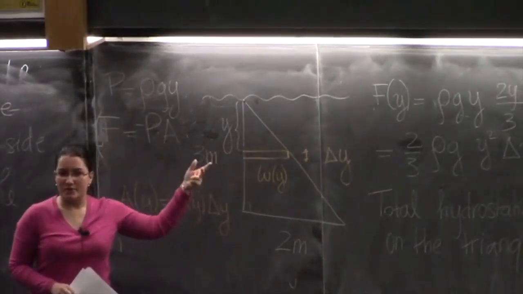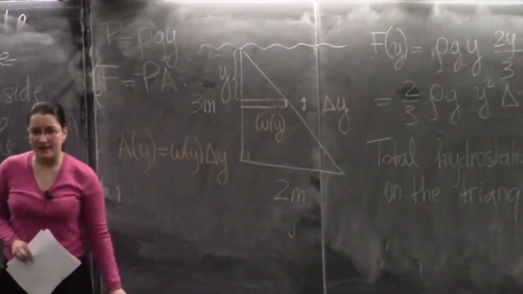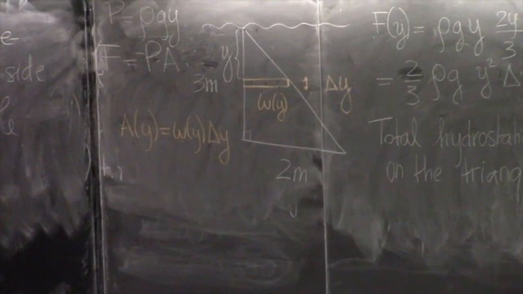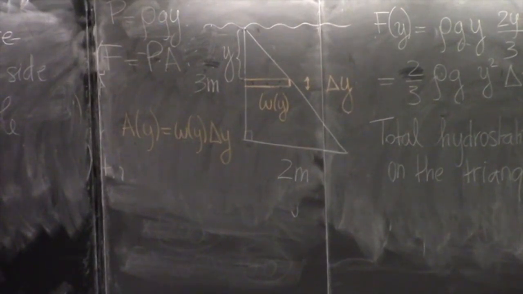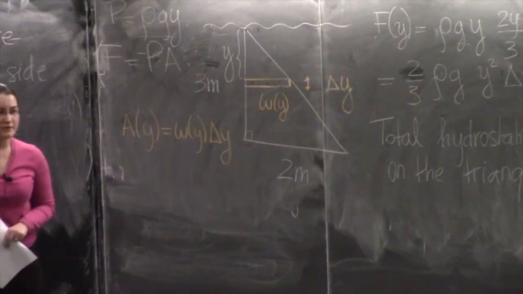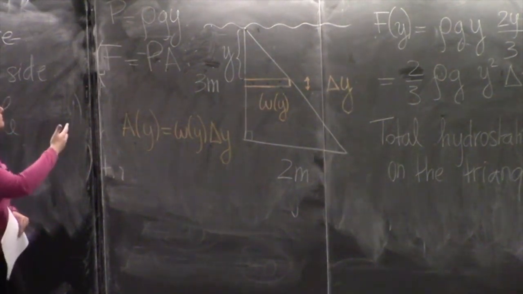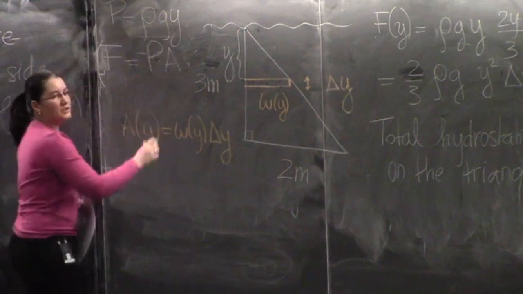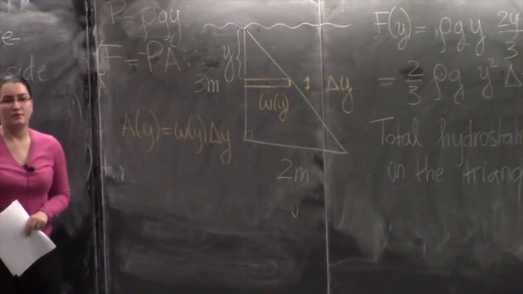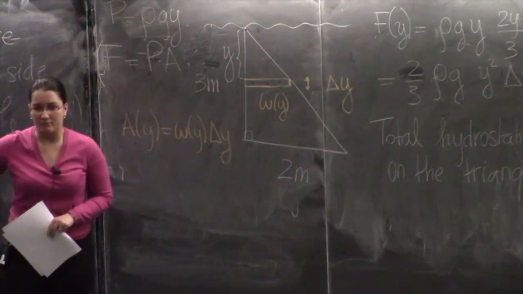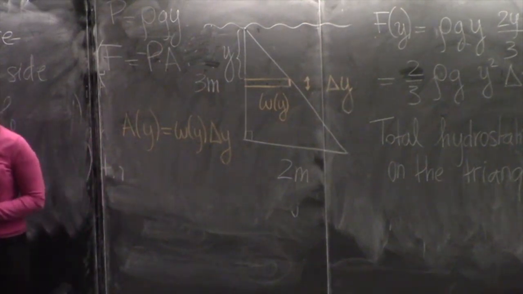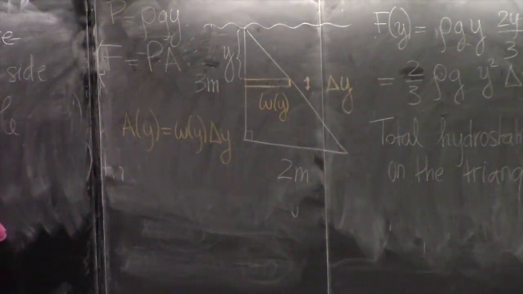So basically the measurements of the triangle are going to be the same. But what is going to change is the pressure P of y, because y would no longer be the depth. So if you were to use the formula rho g y, you would need to say something like rho g times y plus 4, because you are going 4 meters down.